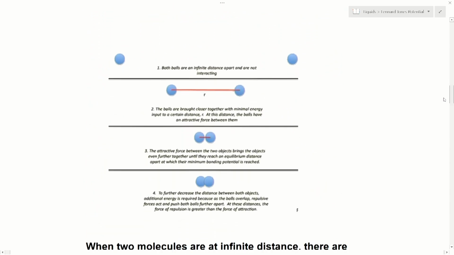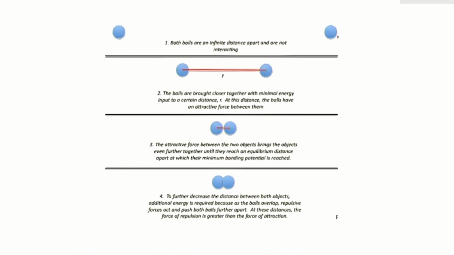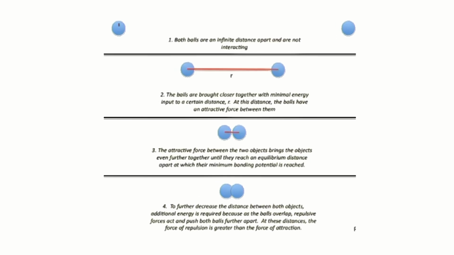We will discuss this Lennard-Jones potential by an experiment. Here we have two rubber balls, one at this end and the other at this end. That means the two rubber balls are at a very large, infinite distance. When they are at infinite distance, there is no interaction between them.